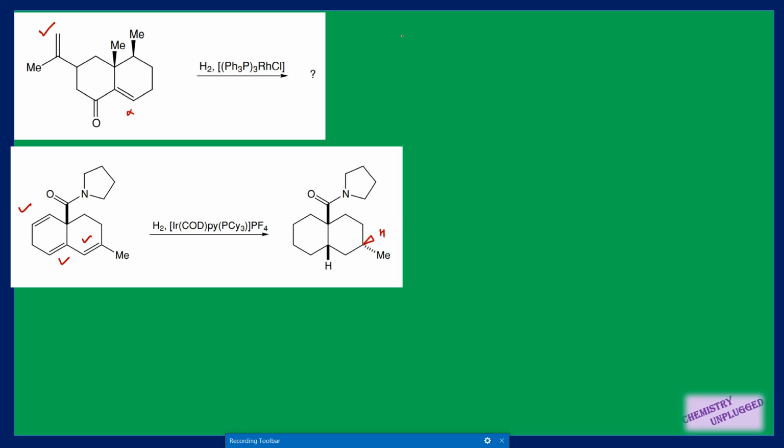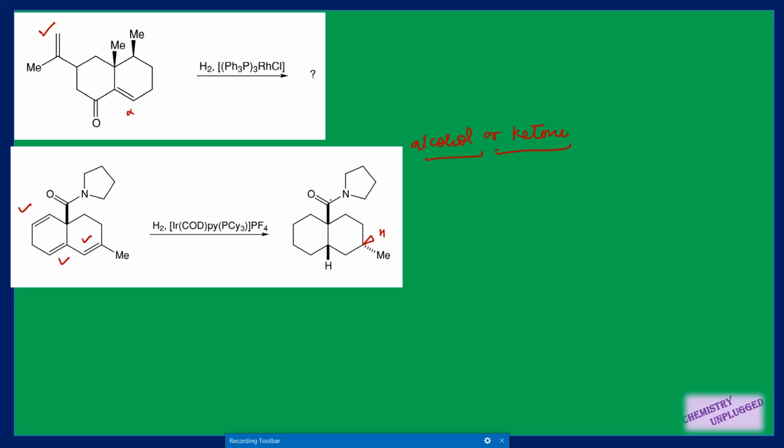When I told you about this iridium complex, in that part I told you that the site of attachment of the proton is governed by the group attached at the allylic or homoallylic position. If we have alcohols or ketones, they can direct the site of the incoming proton, right? So the site of attachment of this proton will be the same as that of this carbon.